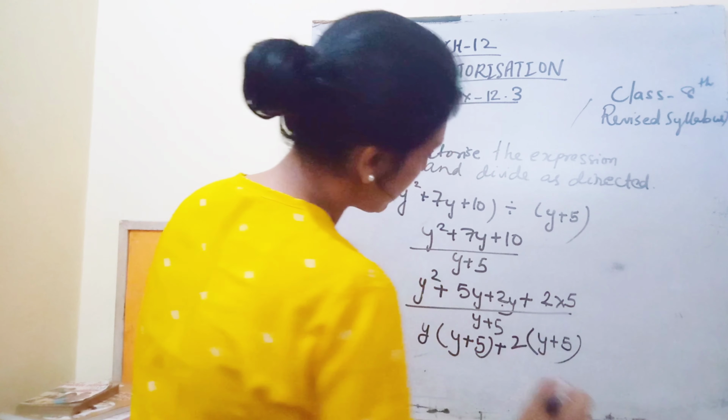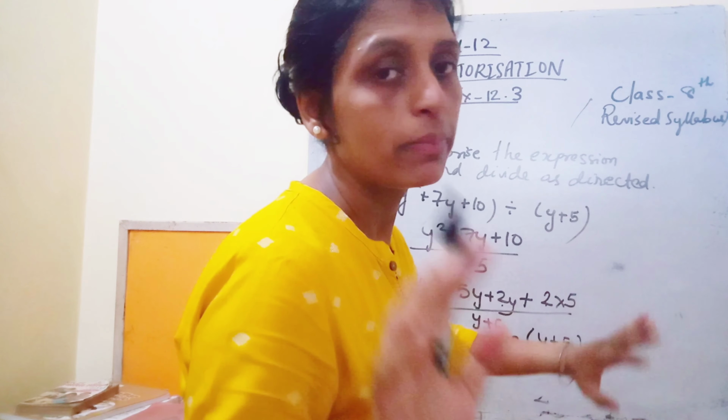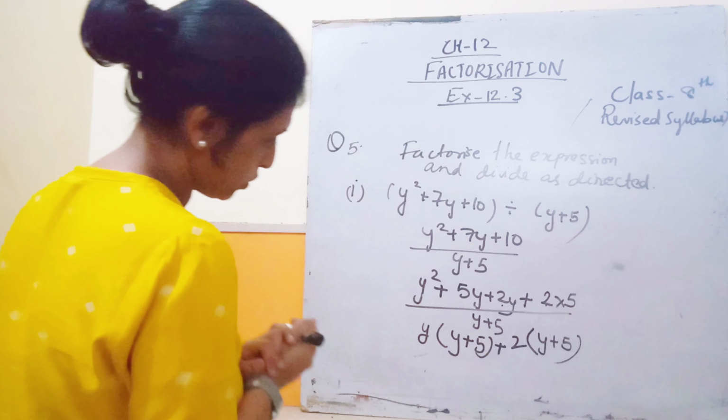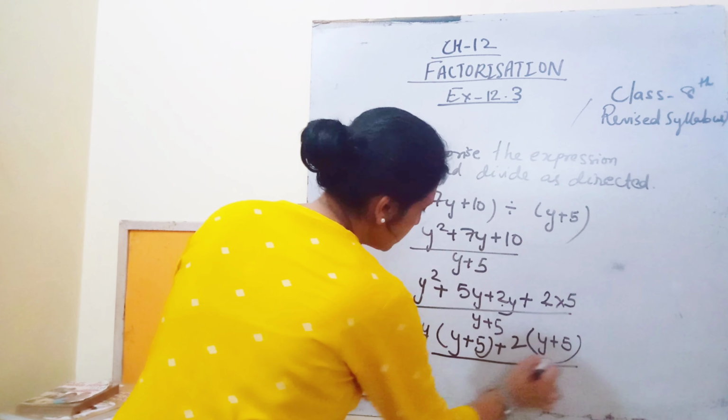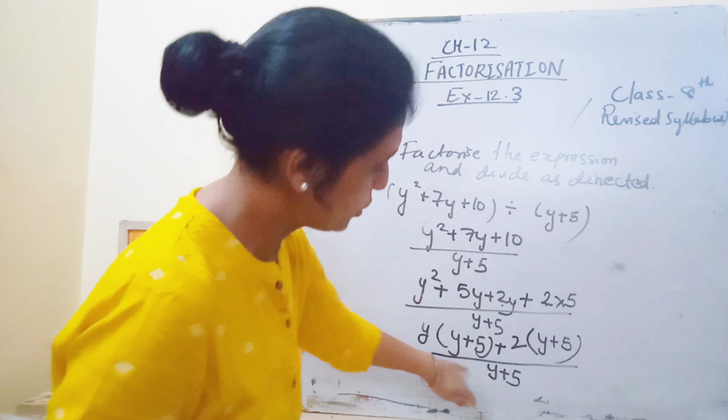See, in the first pair we have got y plus 5, and in the second pair also we get y plus 5 as the common factor. Then y plus 5 in the denominator.